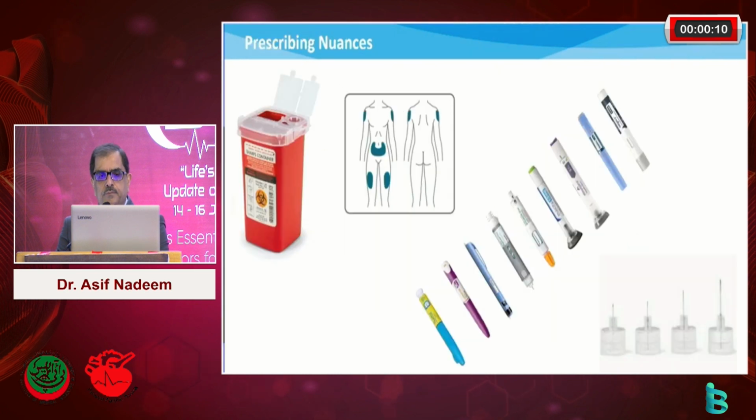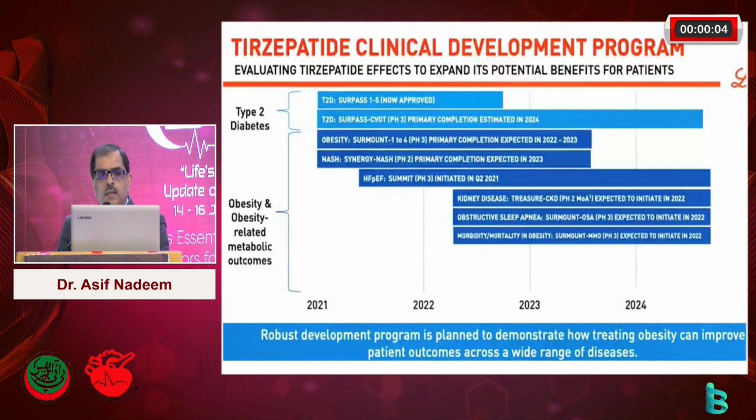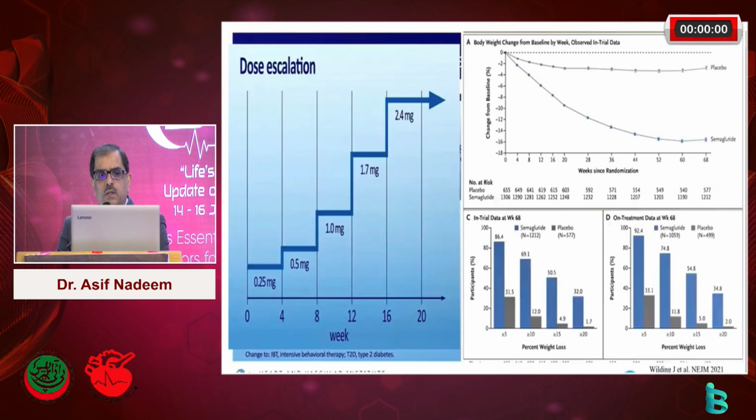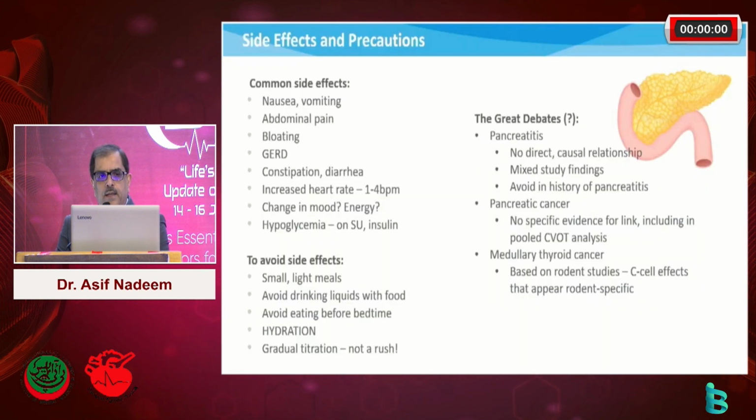These have to be given in the form of pen injections like we give insulin. Various trials are going on, and the dose has to be gradually escalated. There are a few side effects like nausea and vomiting, because it reduces the motility of our gut. So patients complain of nausea, vomiting, abdominal pain, bloating, GERD, etc.